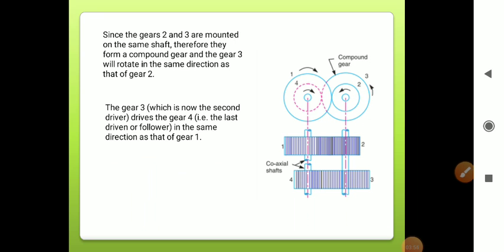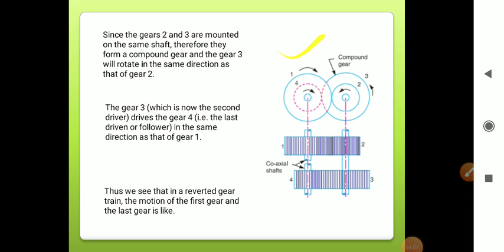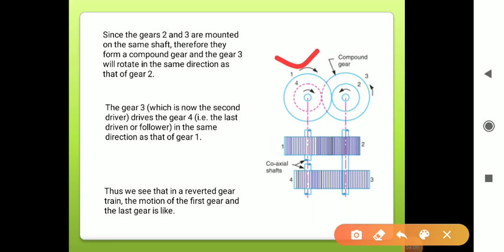Gear 3, which is now the second driver, drives gear 4, that is the last driven or follower, in the same direction as that of gear 1. See here, gear 1 is the first driver, we know that. Gear 1 rotates gear 2, so gear 2 is the first driven.